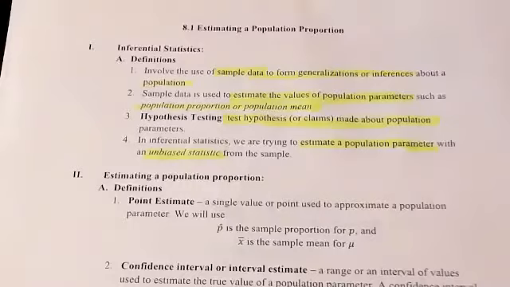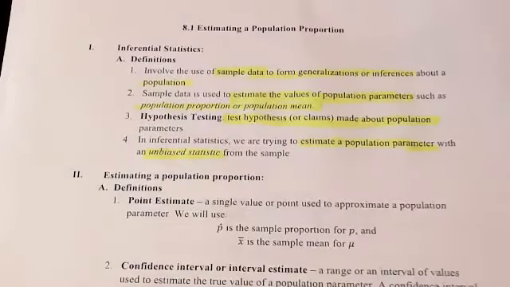So that's essentially the foundation for what we're attempting to do. When we collect sample data, we're using that information to help us make inferences or generalizations about the bigger population, right? That's why we use samples. We've discussed in the past how hard it is to collect data from the vast population.